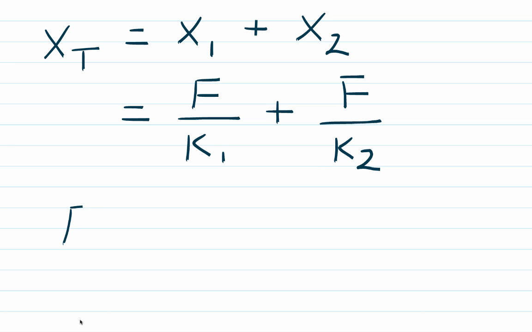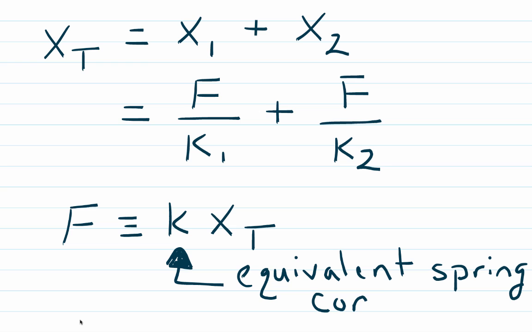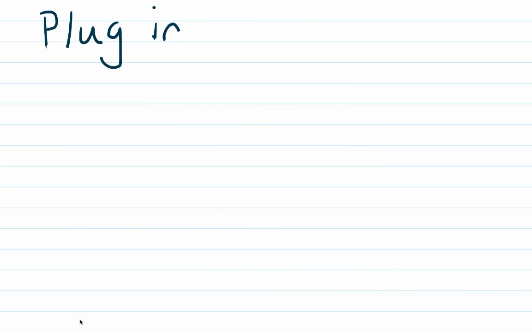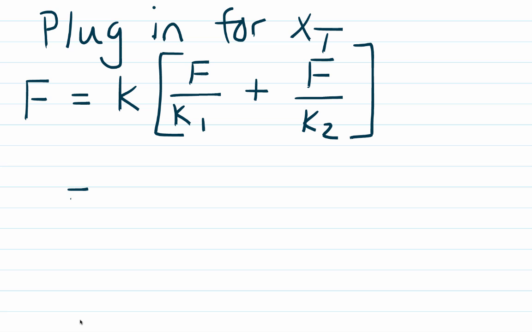We can define the equivalent spring constant to be that which is multiplied by the total length that the springs are stretched equals the force. So if we plug in for the total distance that the springs are stretched, we have the force divided by K1 plus the force divided by K2, quantity times our equivalent spring constant K. Factor out a force, those two cancel.